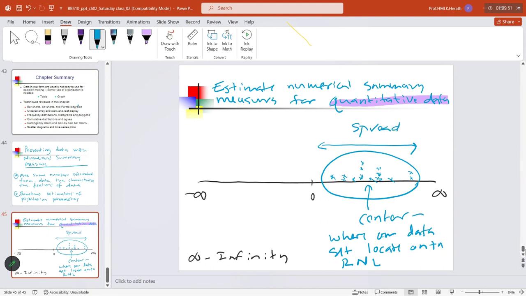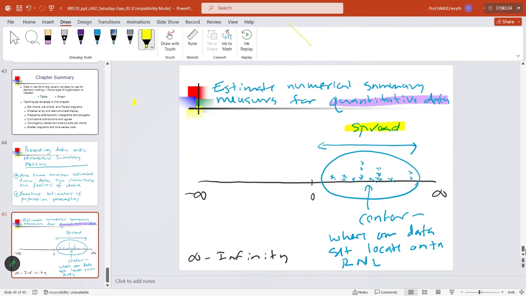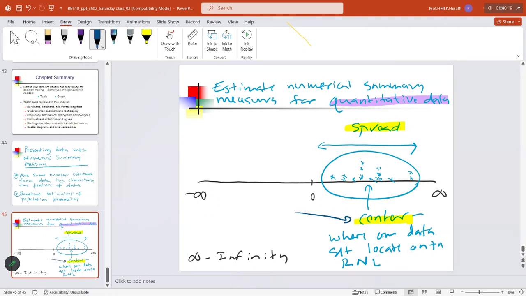The second thing is spread. So we can explain the features of the data set by talking about the spread and the center. Talking about the center is called central tendency.